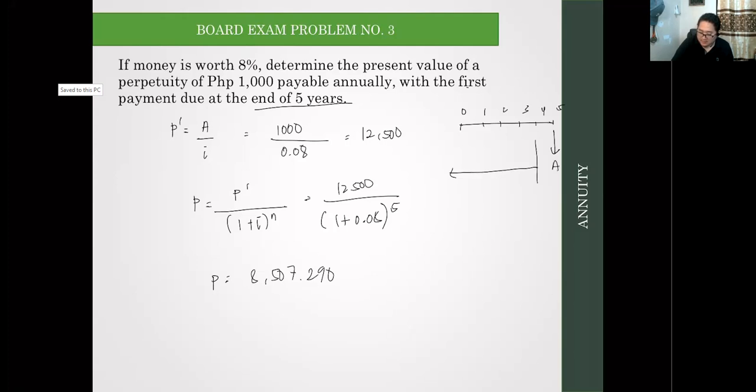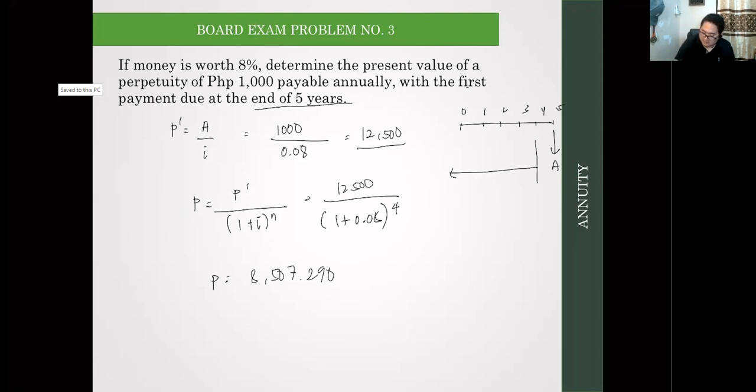Okay? Pero yung perpetuity value natin is 12,500. So, kailangan kunin natin yung present value niya after 4 years. Kasi after 4 years, yun yung magiging starting amount niya. So, dapat ito ay raised to 4 lang. At the end of 4 years. So, 12,500 over 1 plus 0.08 raised to 4.